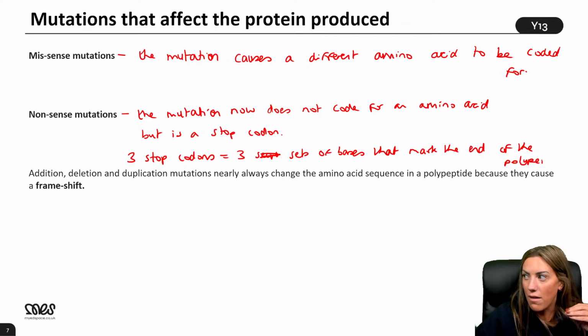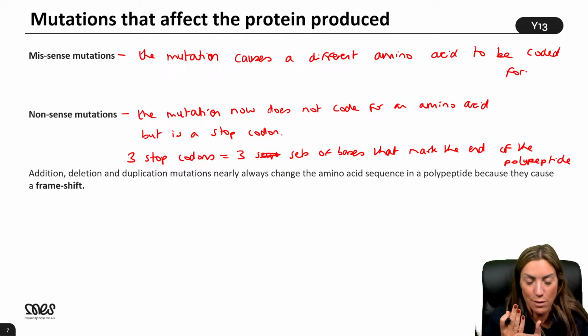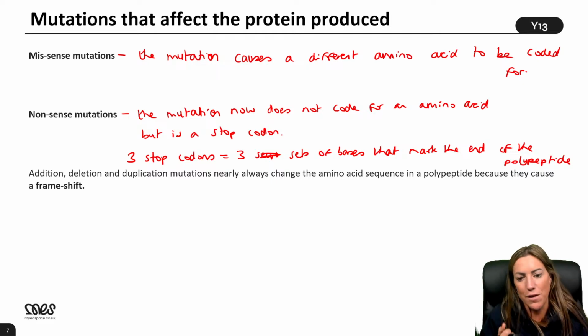I can't remember what they are off the top of my head, but there are basically 3 triplets or 3 codons that don't code for an amino acid at all. They actually mark the end of a polypeptide. They tell the ribosome to stop translation.